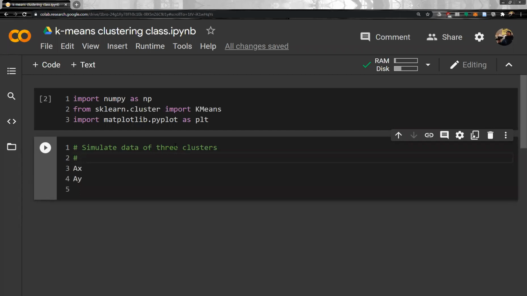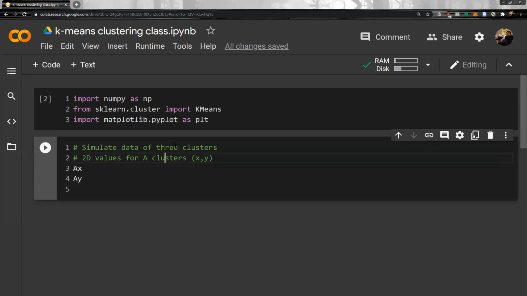So x axis, so 2D values for A cluster, XY, so AX, AY.